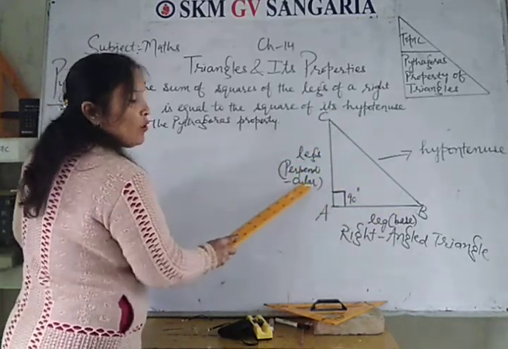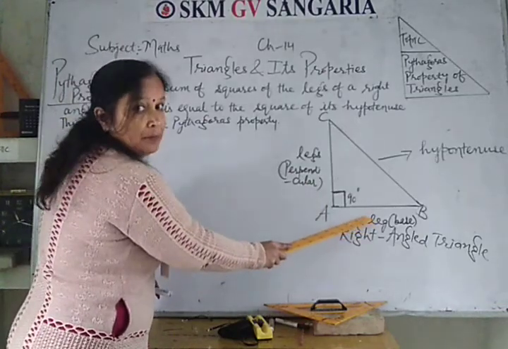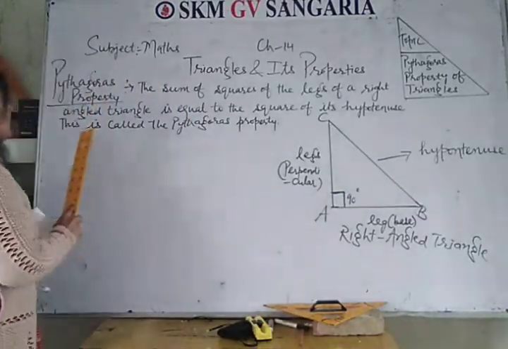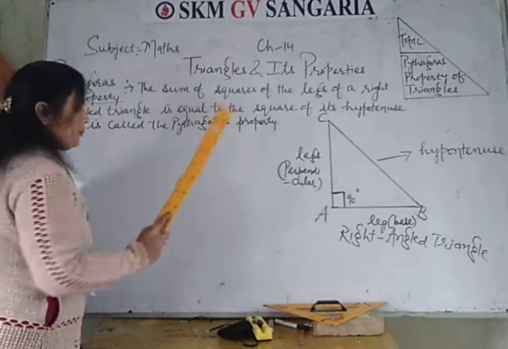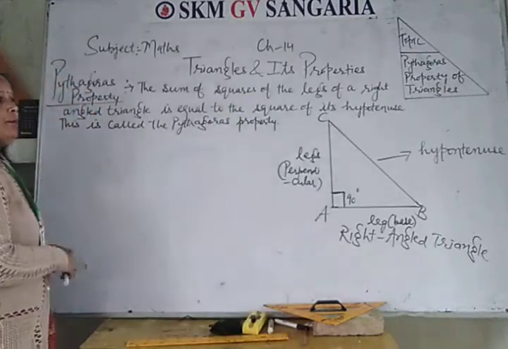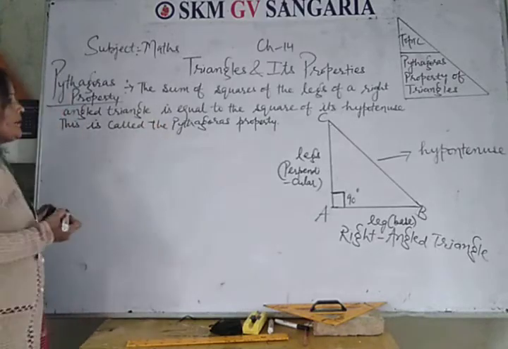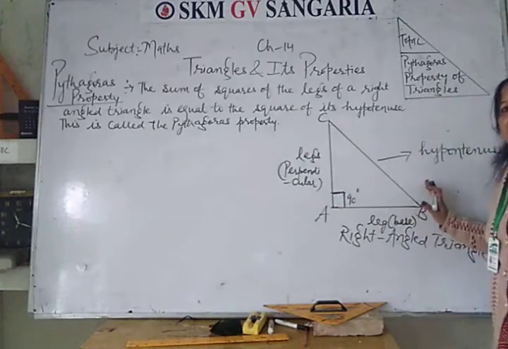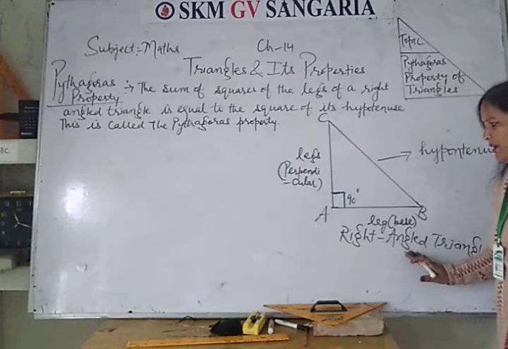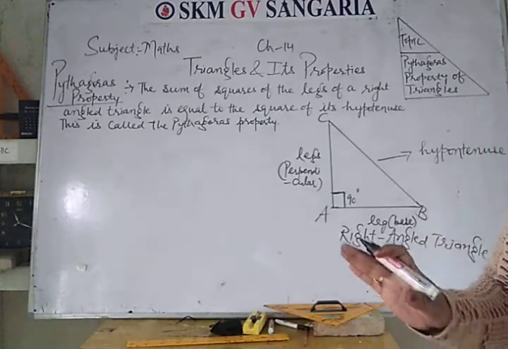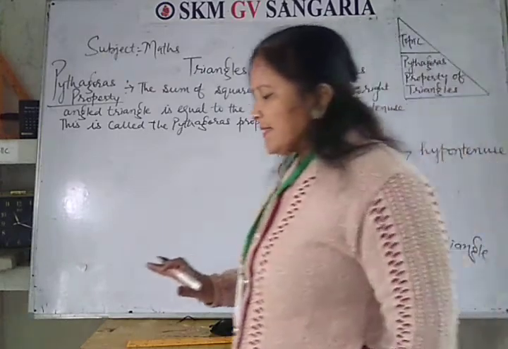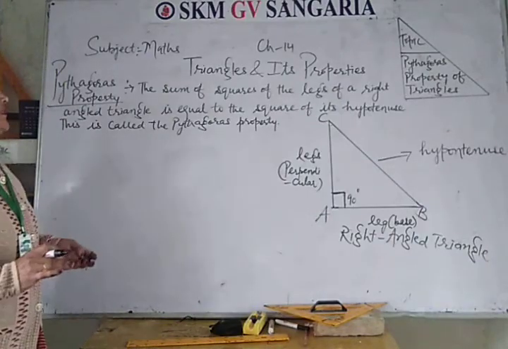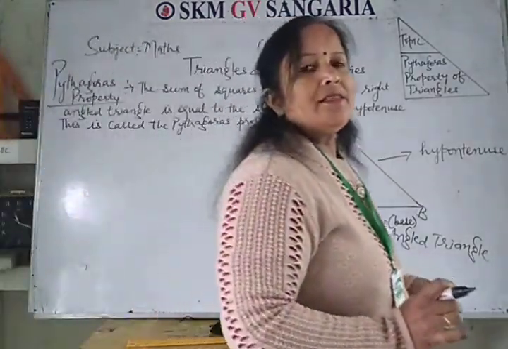This is called the Pythagoras property, and it is applicable for a right angle triangle.